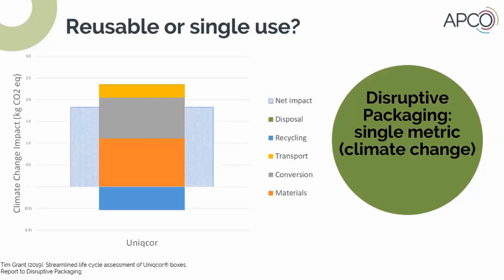It shows the net carbon impact as the pale blue fat bar there, and the individual impacts in the middle. It showed that the footprint was around 1.8 kilos of CO2 per 100 litres of capacity. So that was interesting, looking at where the impacts were. The net benefit of recycling is shown in the dark blue.